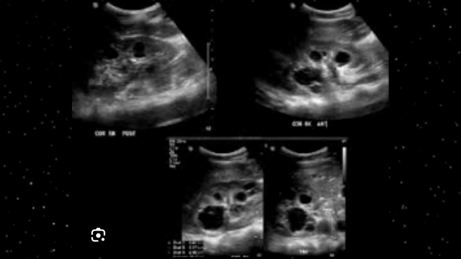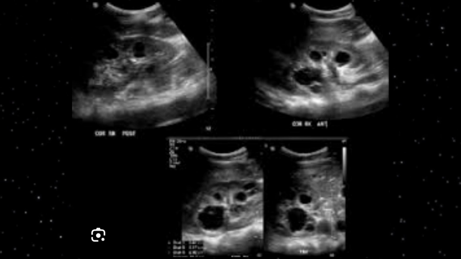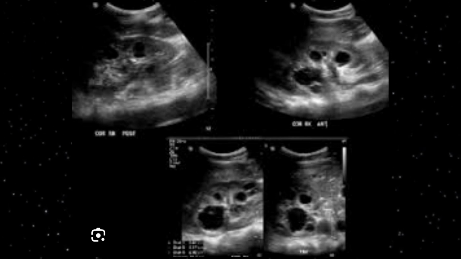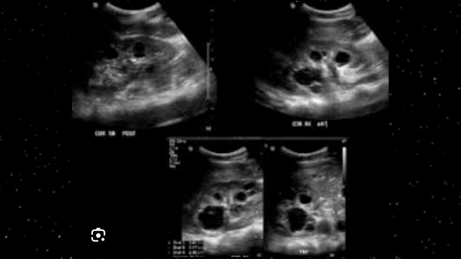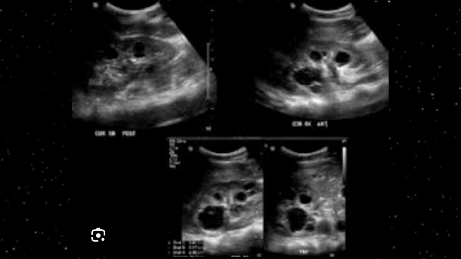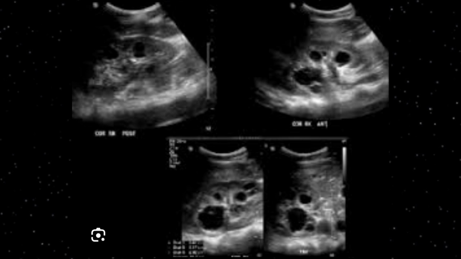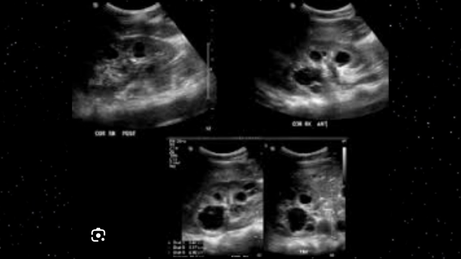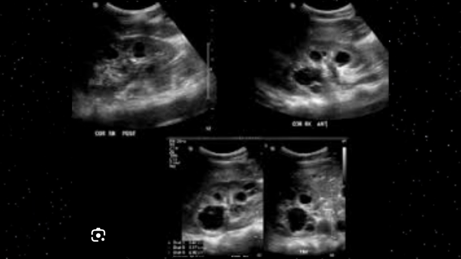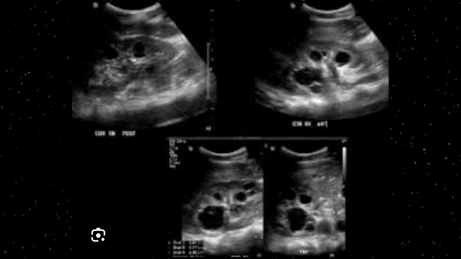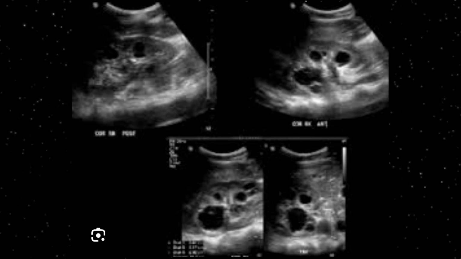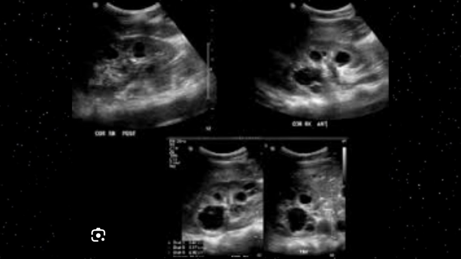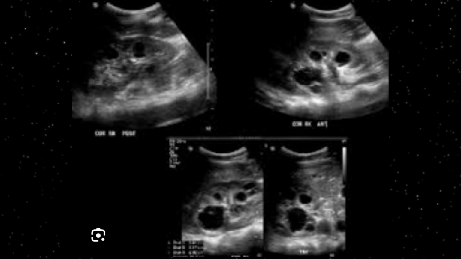Another example of acquired cystic kidney disease: here on these 4 images you can appreciate that the kidney is normal in size, and you can see there are multiple developing cysts within its parenchyma. This patient was put on peritoneal dialysis, and after peritoneal dialysis over a span of 4 years, the patient developed cysts, and this was considered an acquired cystic disease.